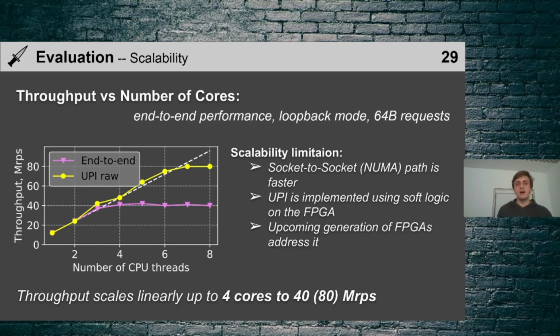Therefore, the current implementation of the coherency interconnect is not optimal here, and this is the reason for this performance scalability limitation. Fortunately, the upcoming generation of cache coherent FPGAs can address this issue because they all implement cache coherent interconnects in hardware using hardcore IP cores.